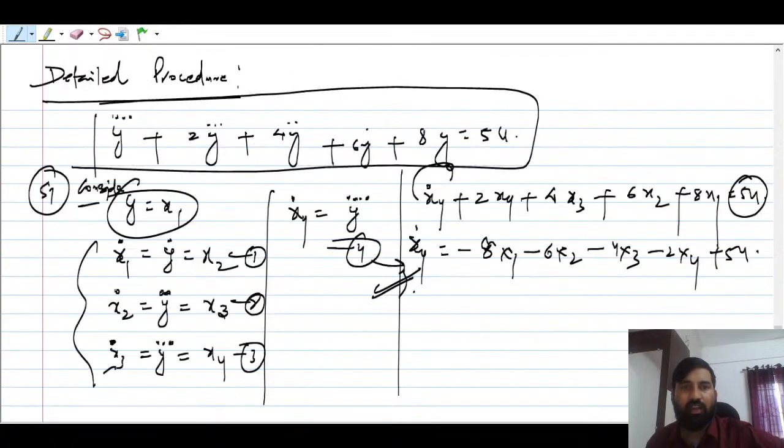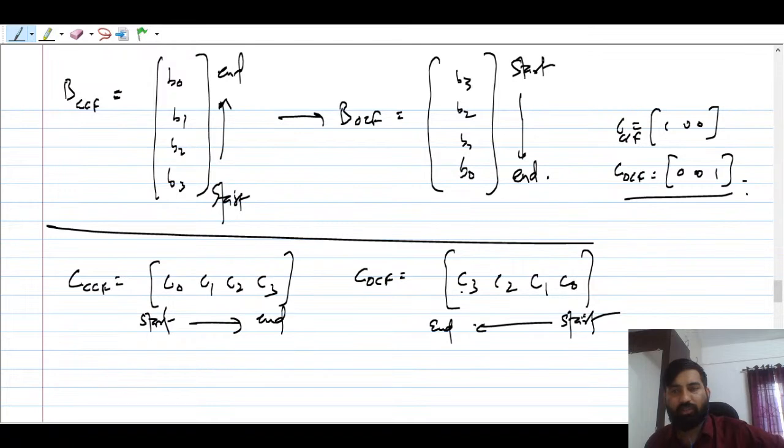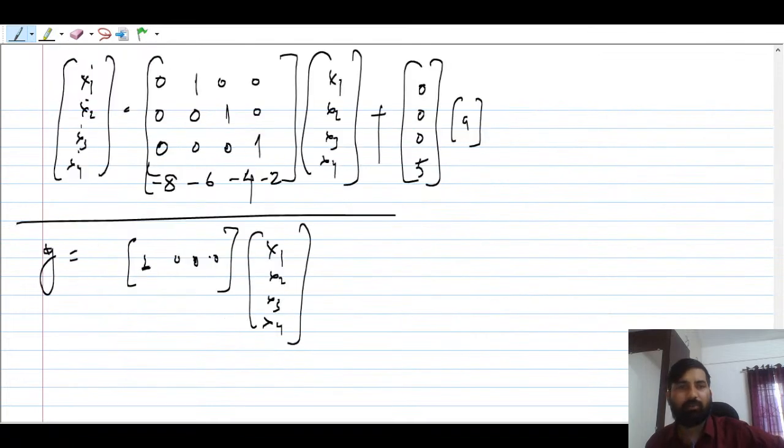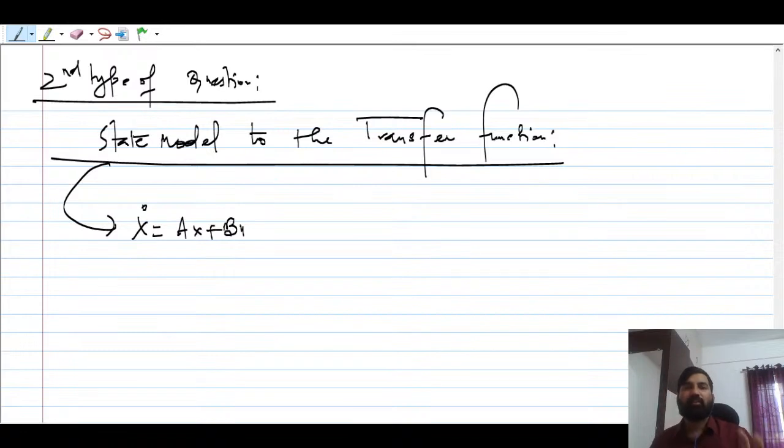If you are able to do it quickly, you can solve it. It's a very simple process, please remember. So how to get this state model? State model is nothing but x dot equal to Ax plus Bu. There are many students who don't know what a state model is.